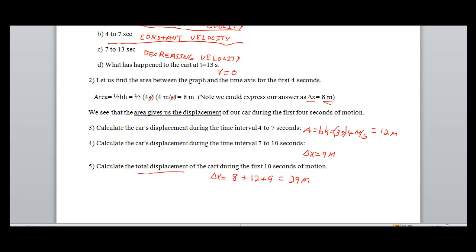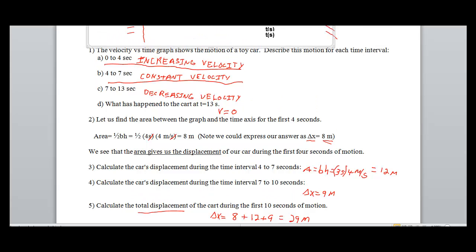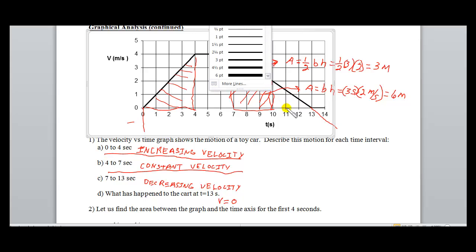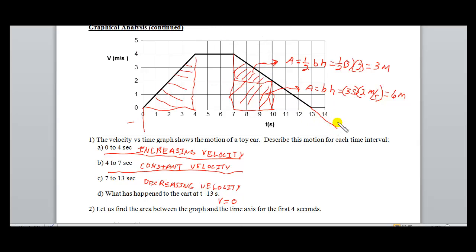And by the way, if we take a look at our graph and ask ourselves what would be the situation if we wanted to know this displacement right in through here.